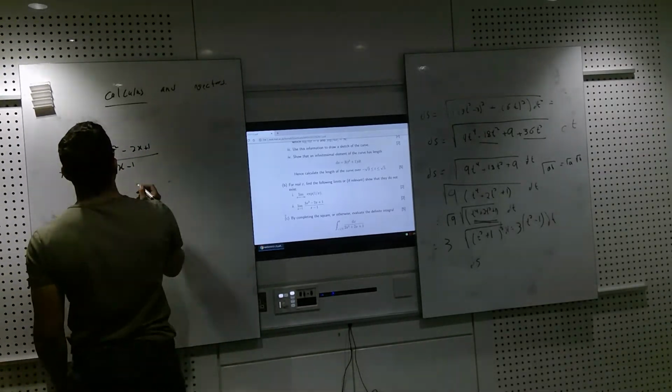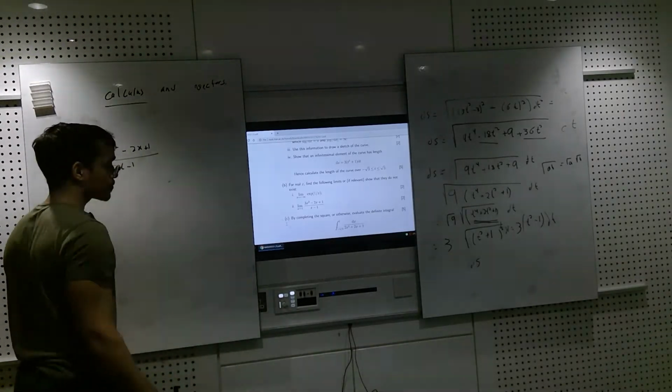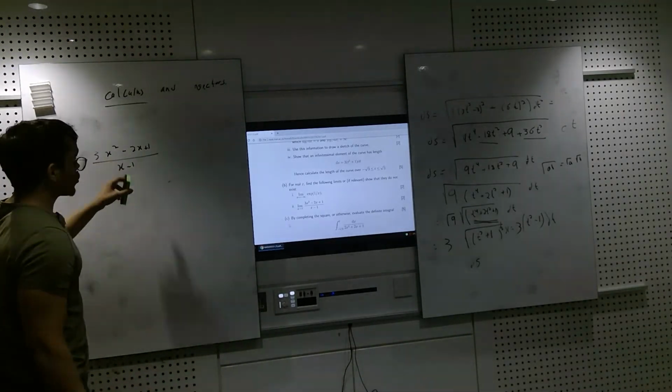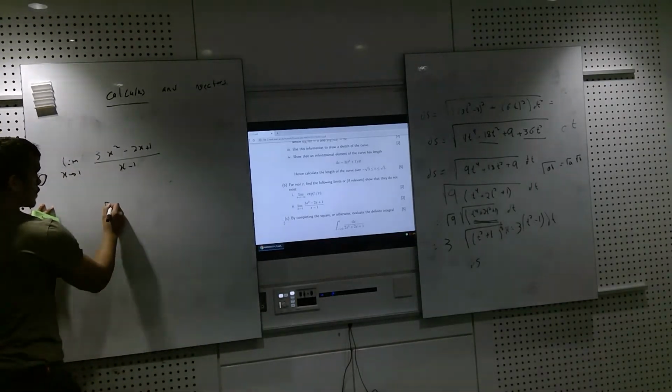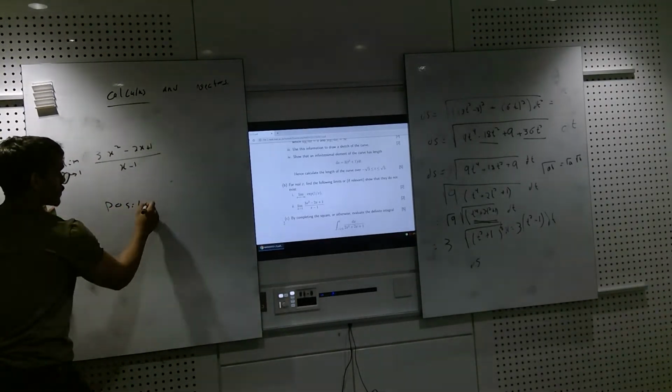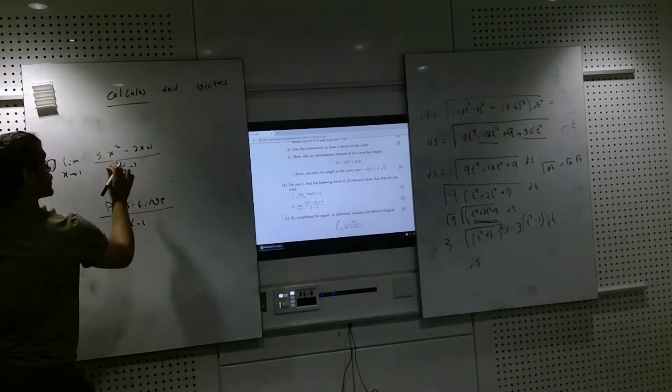So you have to check first whether it is 0 over 0, and it is not. The numerator is a positive quantity, divided by x minus 1. The numerator is positive no matter whether you come from the right-hand side or the left-hand side.